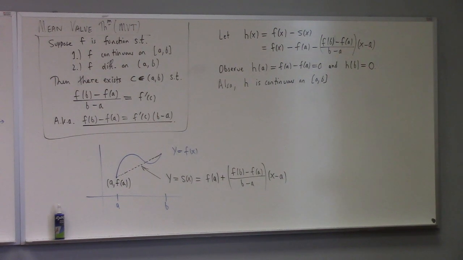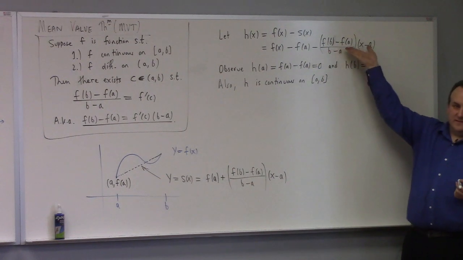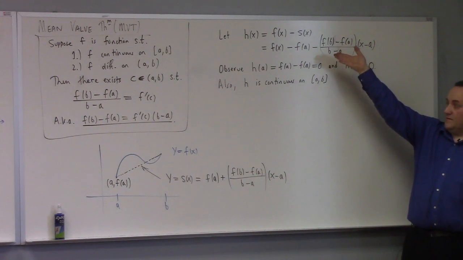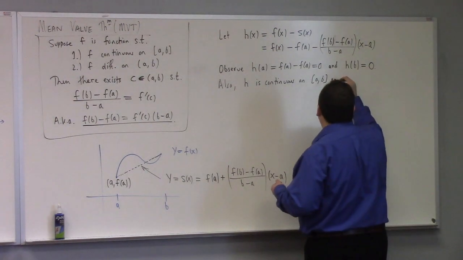F is continuous, right? And what is this? This is the formula of a line. Is a line continuous? Yeah, we know a line is continuous, right? Is a line differentiable? Certainly is, right? Is F differentiable? By assumption it is. Therefore, H is continuous and it's differentiable on the open interval.